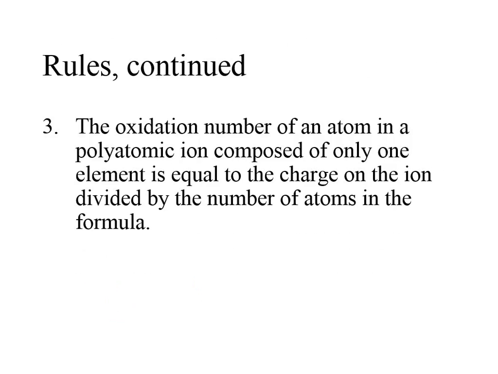Here's one. The oxidation number of an atom in a polyatomic ion composed of only one element is equal to the charge on that ion divided by the number of atoms in the formula. The two examples we're going to look at in a minute. Everybody's favorite, Hg2 2+, the mercury(I) polyatomic cation. Doesn't that drive you nuts? First off, let me remind you what that looks like.